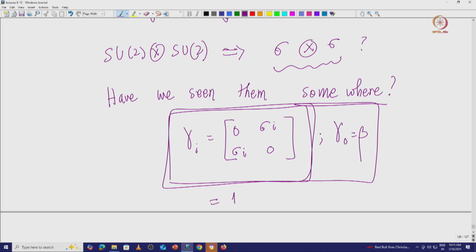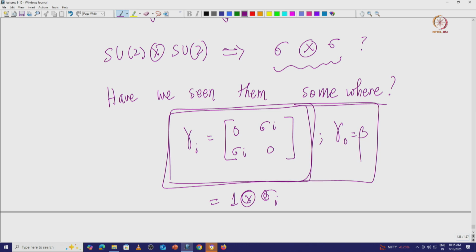So this is nothing but 1 times sigma i, and this gives me your gamma matrices. So you can in principle construct all your gamma matrices in various ways, and 1 times sigma i as a direct product gives you the gamma matrices of this particular type. This is your gamma matrices.